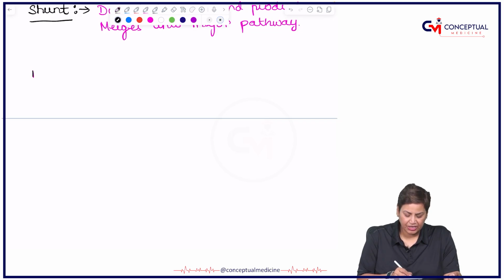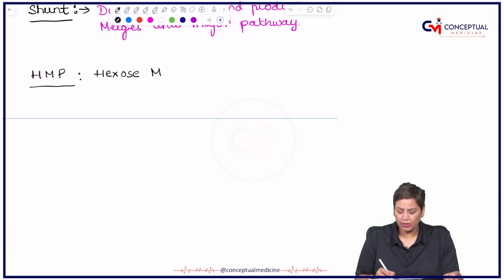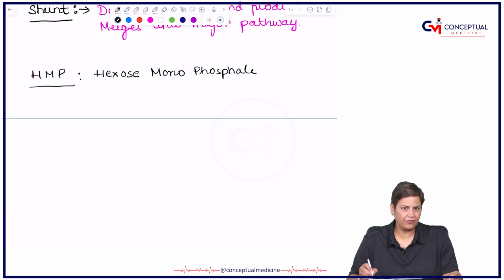Now, this HMP shunt is actually known as the hexose monophosphate pathway, but the correct way is to name it as a shunt.